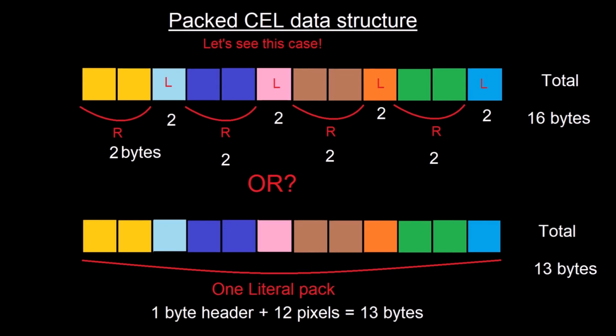And I think in my packer, I'm looking at some cases where if there are 2 pixels that repeat, then I check if the next pixels are 2 pixels repeating, 3 pixels repeating, 4 pixels repeating.